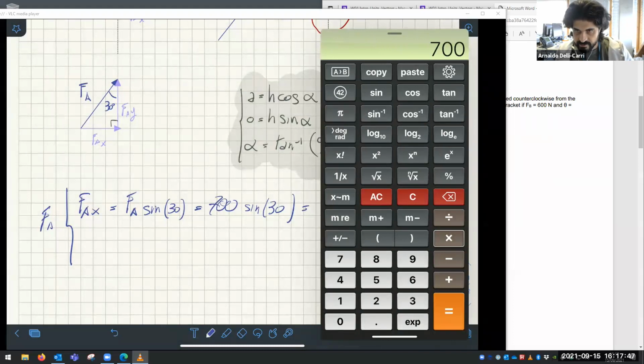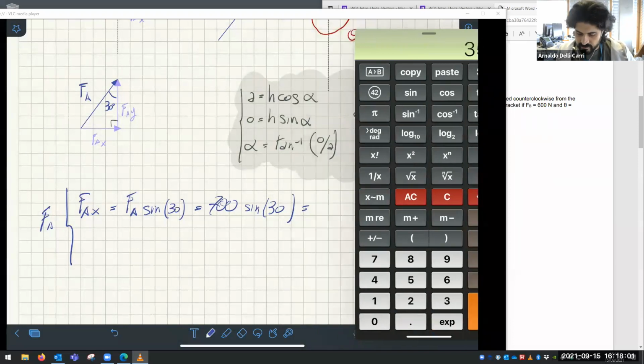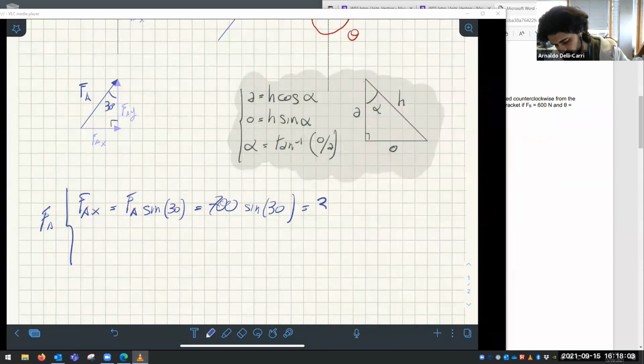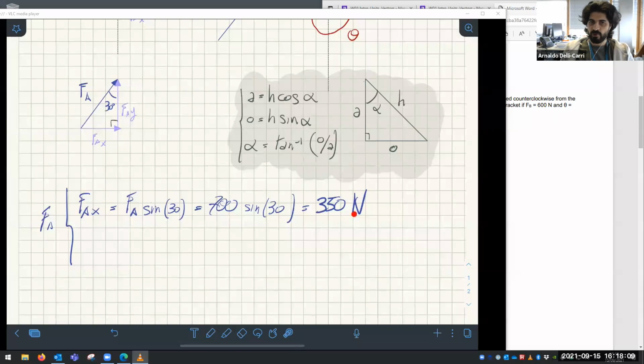You can see it here, deg. So 700 times 30 sine, which is 0.5. Of course, the sine of 30 degrees is 0.5. That gives 350 newtons. See, I am using the units. I'm putting the units at the end of my calculations, not using units inside the calculations. After I get to the end of it, I stick a unit there.